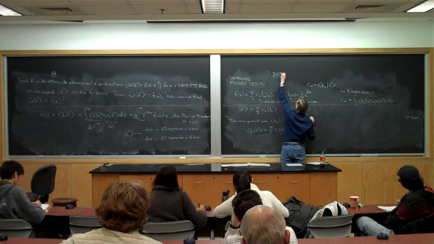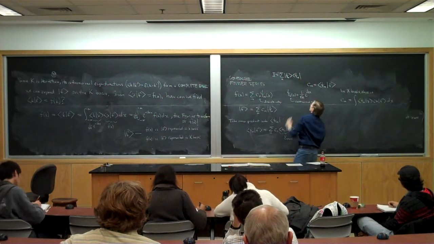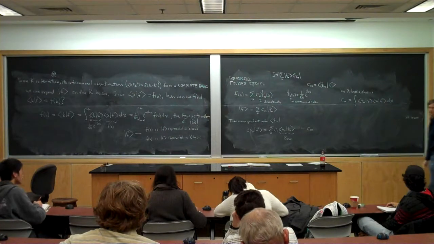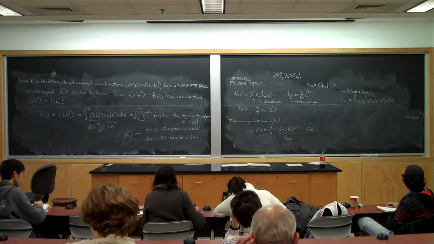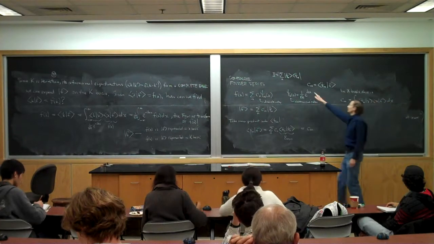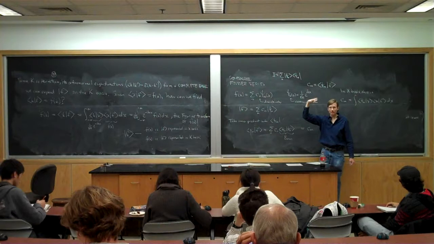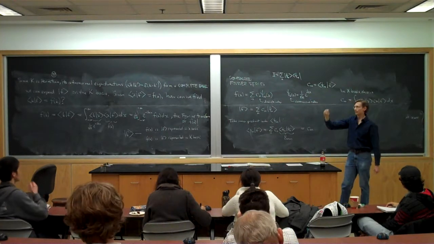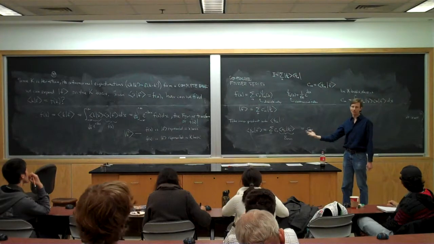Sum over n of these outer products. It's a discrete summation because there's a countable basis. There's an infinite but countable number of basis vectors. The wave functions, if we're talking about quantum mechanics, are like those of the infinite square well. They're labeled with an index n, which is an integer.